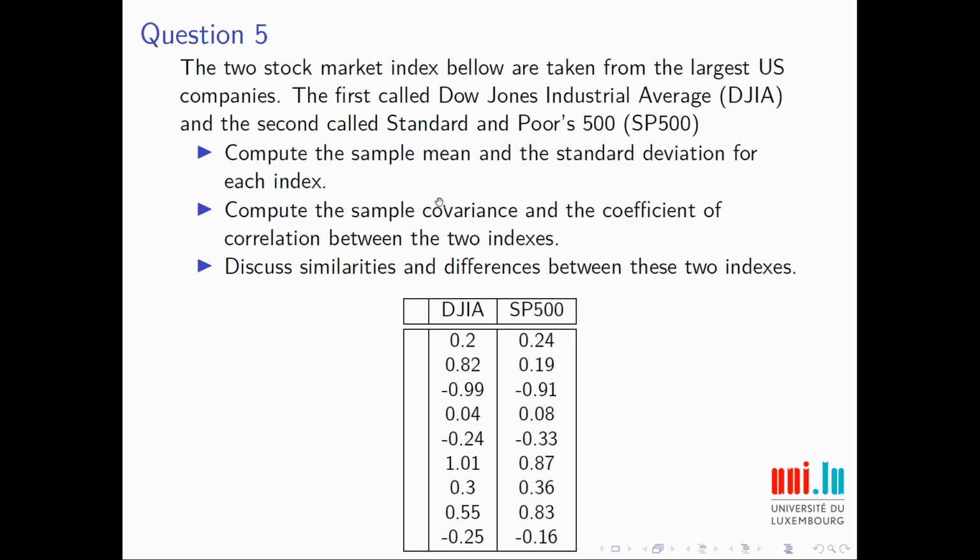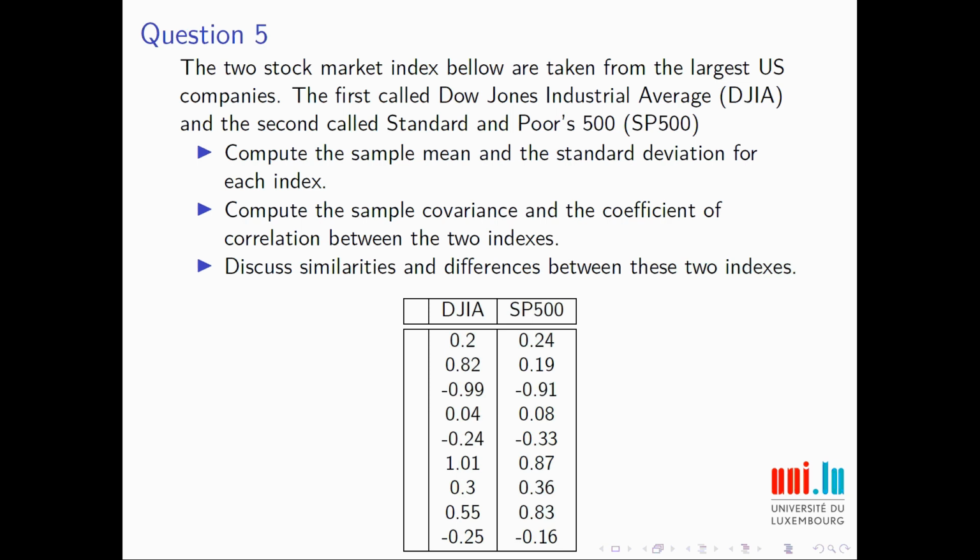So question 5. I think this is almost the same exercise as we did in 4. We have again two variables, two stock markets, S&P 500 and Dow Jones Index. Again, we have to compute mean, standard deviation, covariance, and correlation.